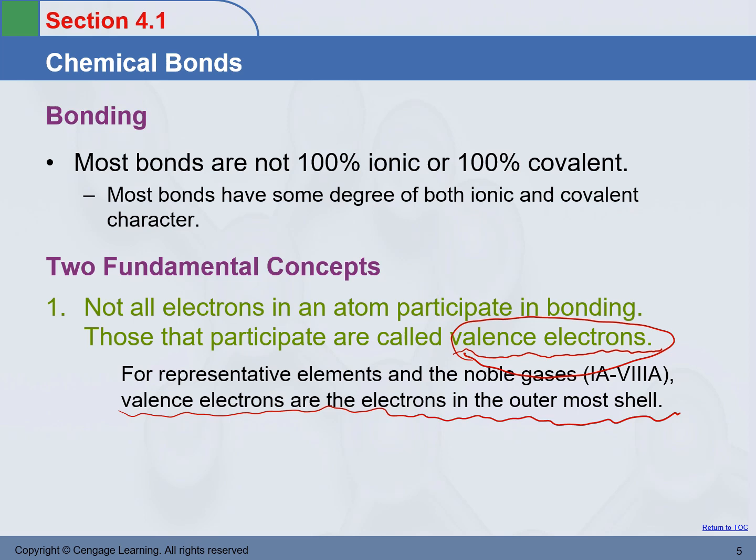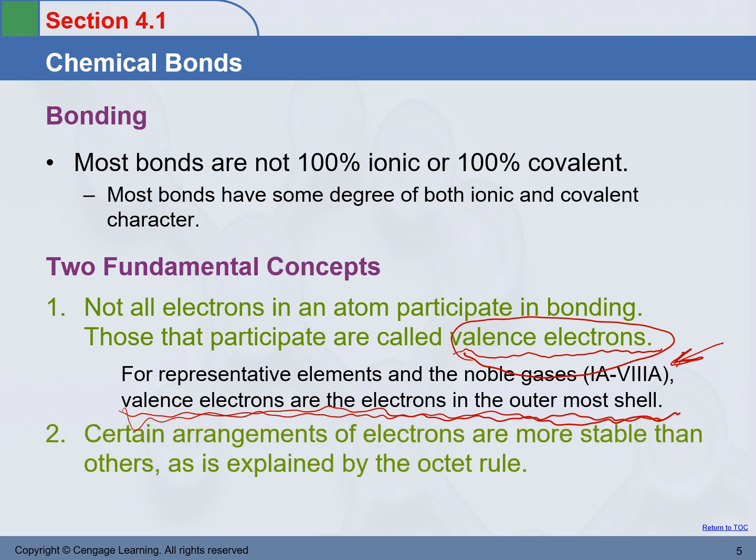Most of the time it's for elements in the A groups that this statement is true. In our class, we focus on those elements. So many times you will hear me say that valence electrons are the electrons in the outermost shell of atoms. Keep in mind that statement is only true for a limited number of elements.